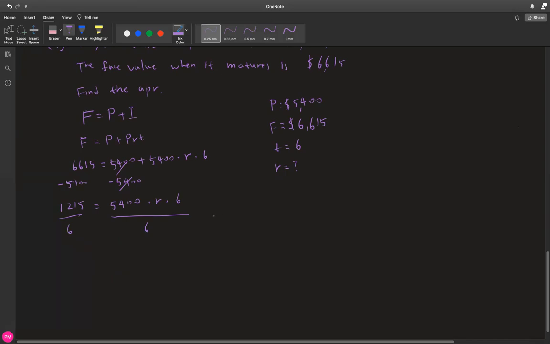So now, in order to get rid of the 6, we divide 6 on each side. Then on the right-hand side, you would still have $5,400 multiplied by R. But on the left-hand side, you would end up with 202.5. And lastly, you would divide each side by 5,400.